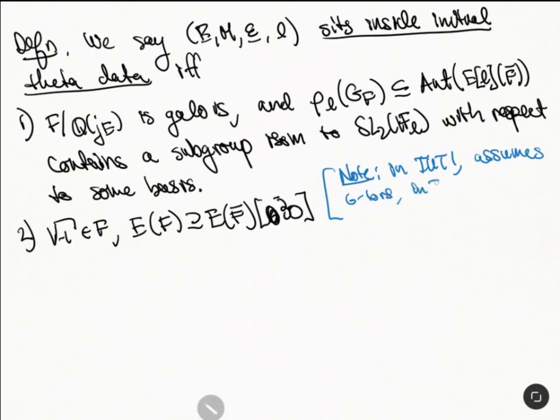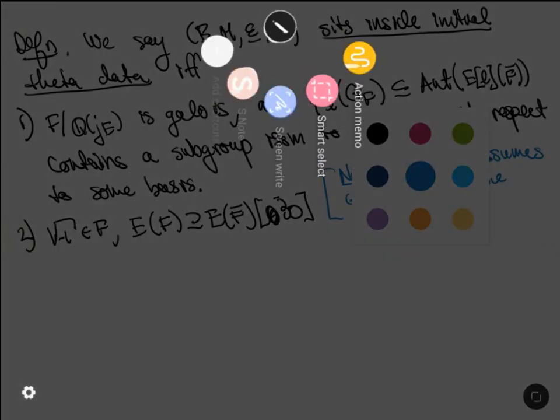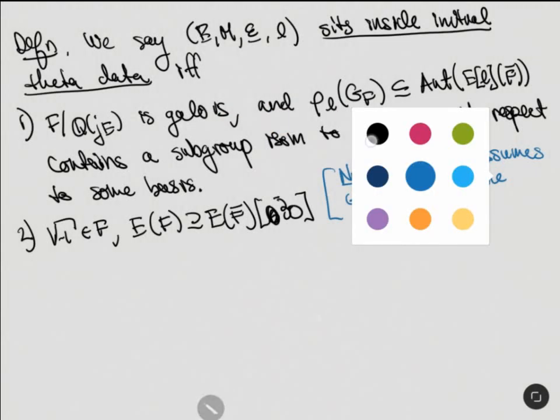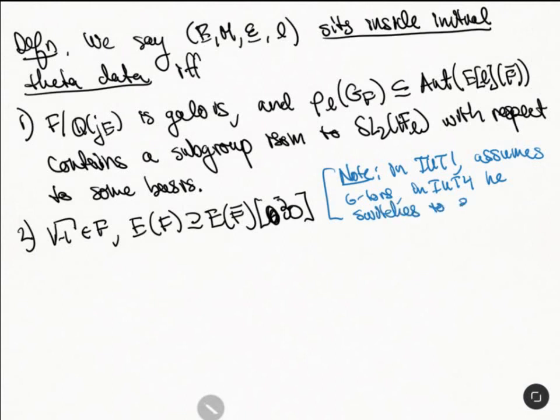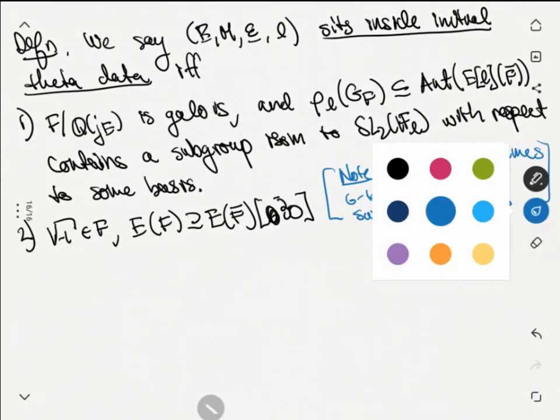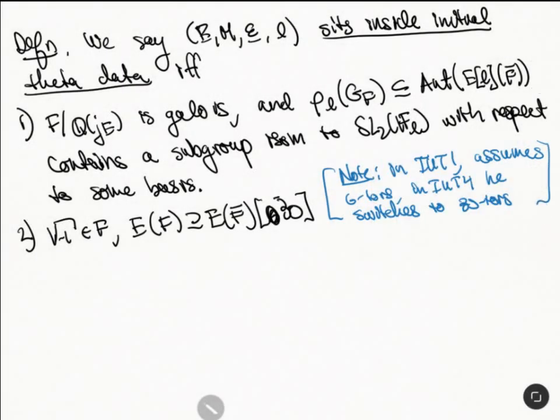In IUT4, in the application, he switches to 30 torsion. Okay, so third property. So we're going to have 6 properties altogether.